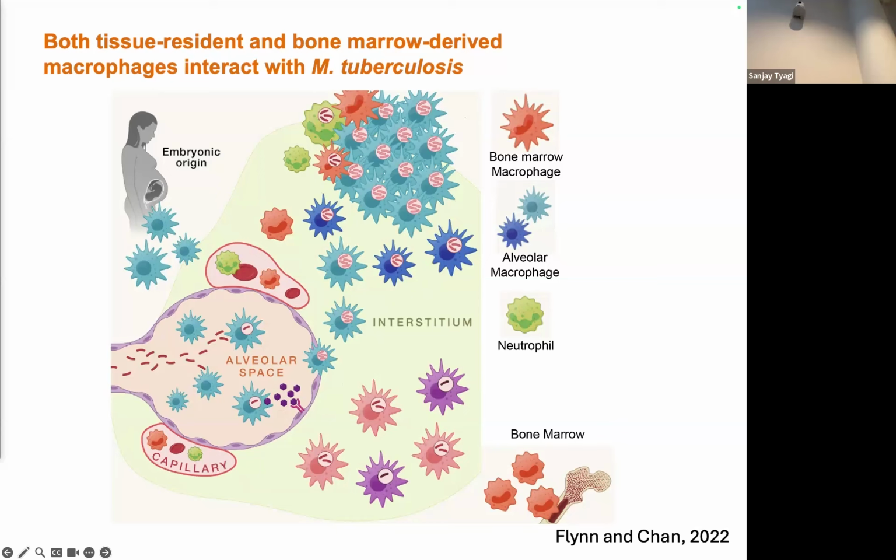These are bone marrow derived macrophages that come from the circulation. They will reach the same site. And the transcriptional program of these two macrophages starts out different, but once they enter the granuloma and adjust with each other, their transcriptional program becomes similar.